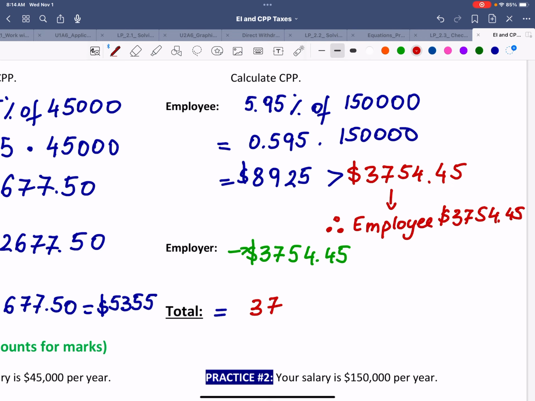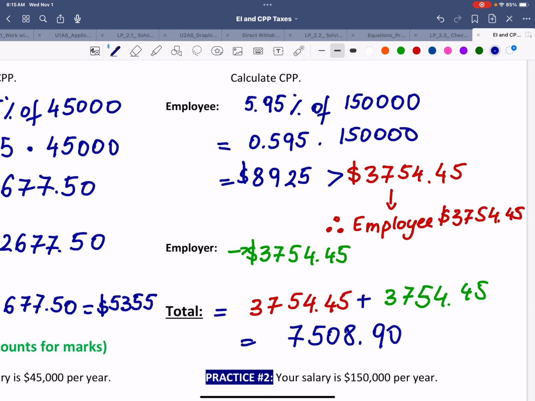I'm just going to add the two amounts this time. It's the same thing, right? $3,754.45 plus $3,754.45, and the total would be $7,508.90.